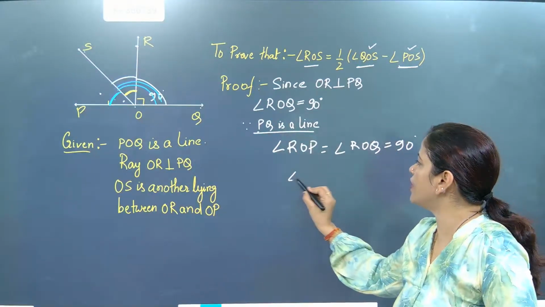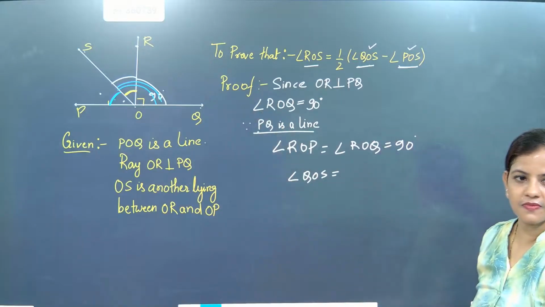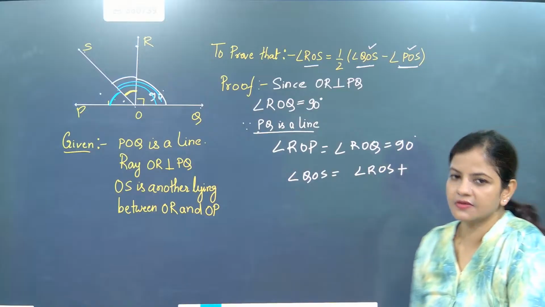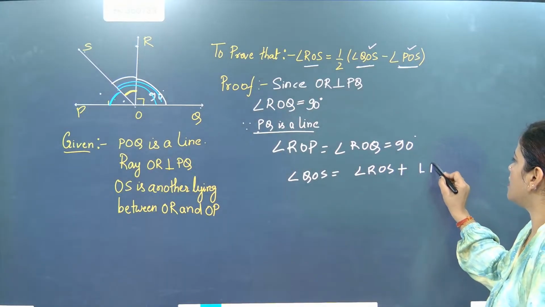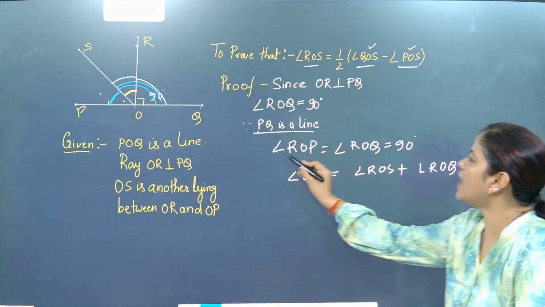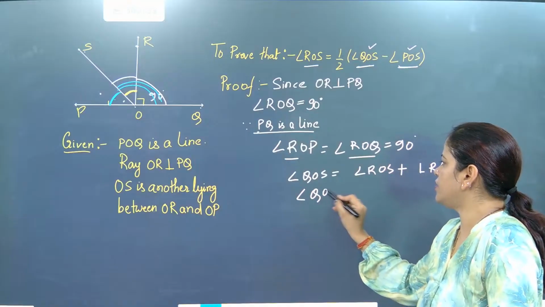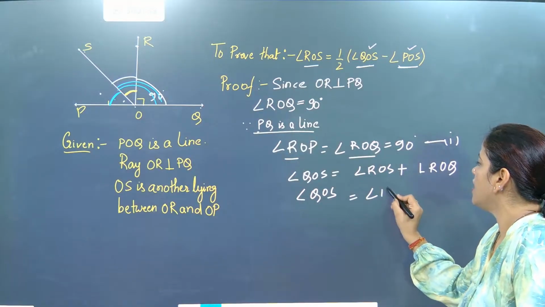What is your QOS? QOS can be written as ROS plus ROQ. Now since you know ROP is equal to 90 degree, you check QOS, we will take this as equation 1. See how shortest way you can write.